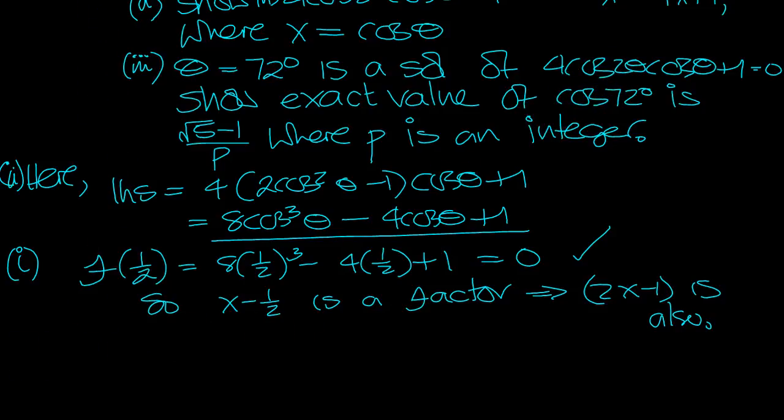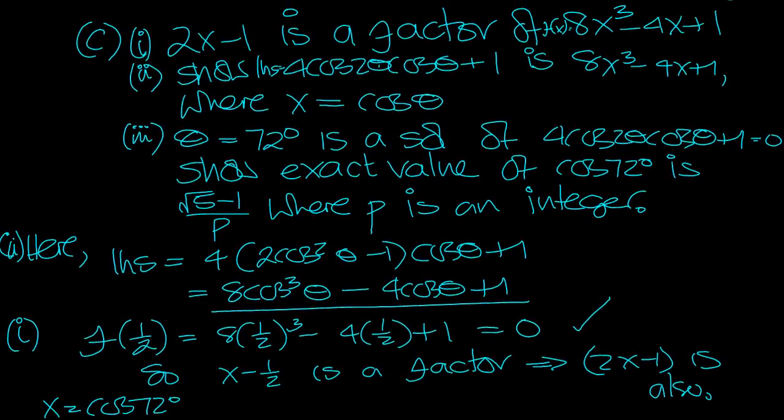So x equals cos theta, so x equals cosine 72 degrees. Okay, so I'm confused by what this is actually saying.